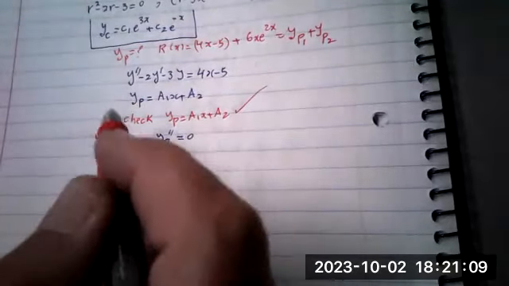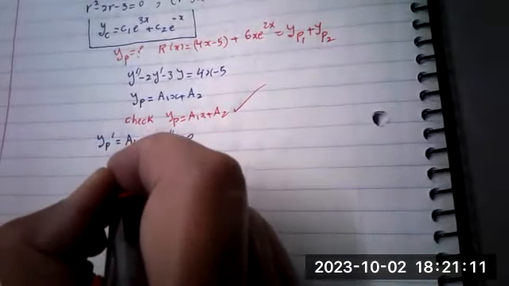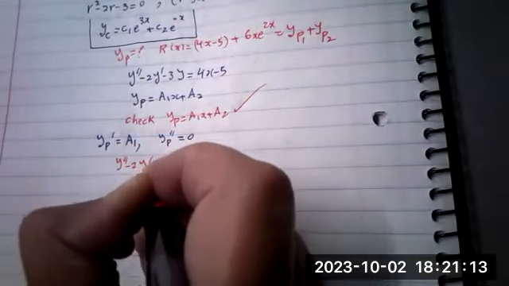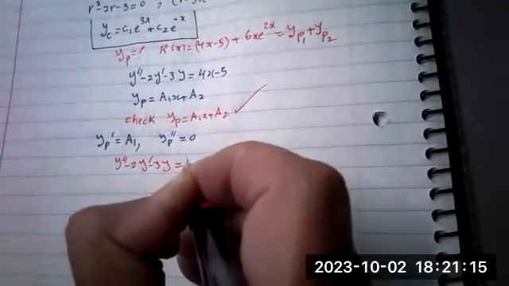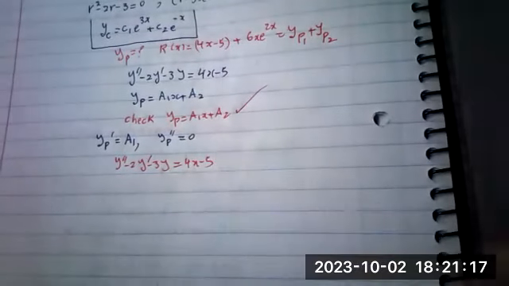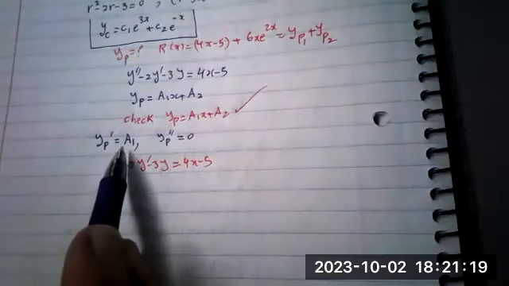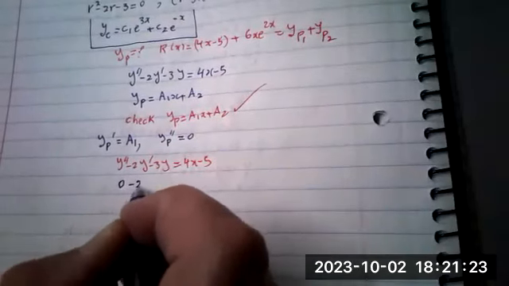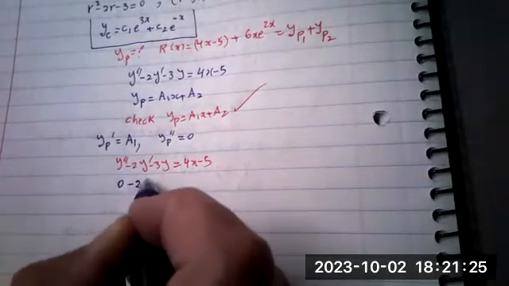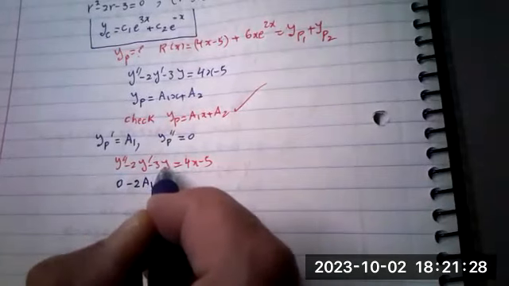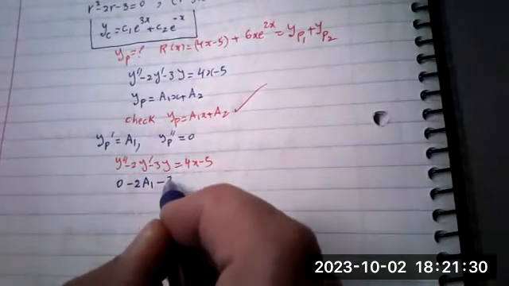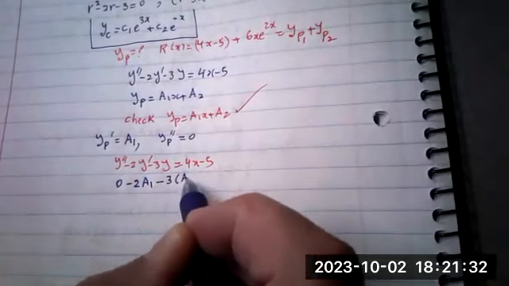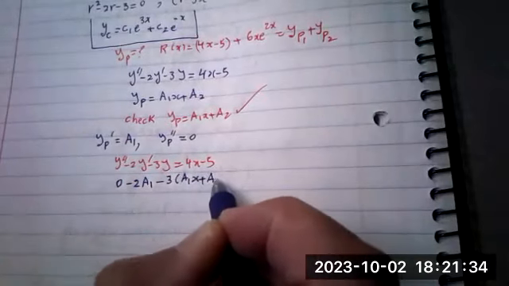So we're going back to this equation, y double prime, I remind you, equal to the 4x minus 5. If you substitute, y double prime is 0, and this is minus 2 times a1, minus 3 times y, a1x plus a2.